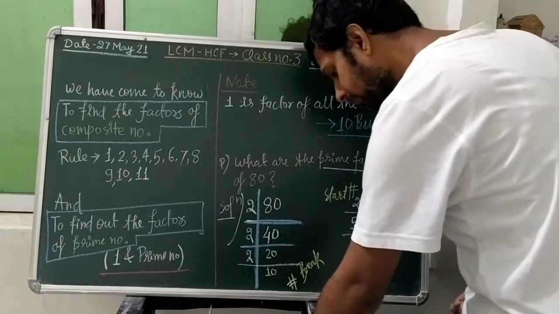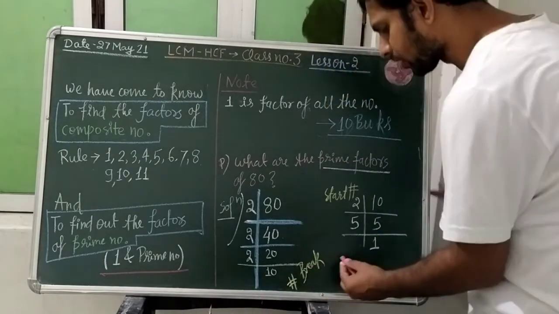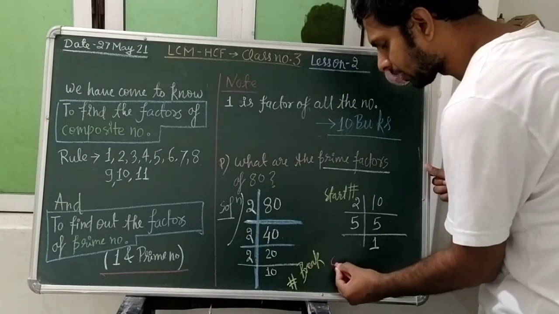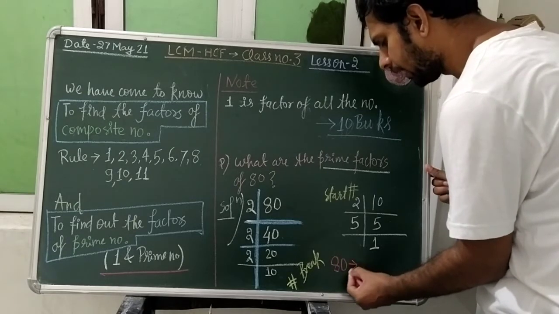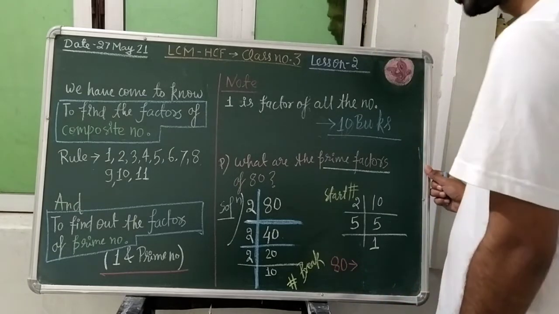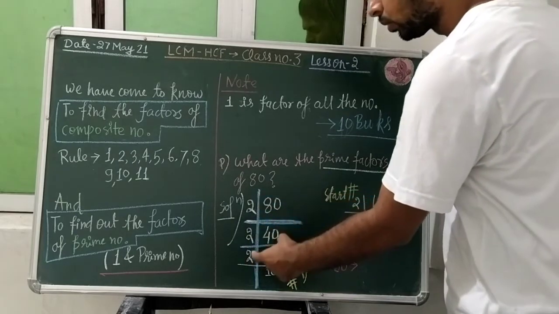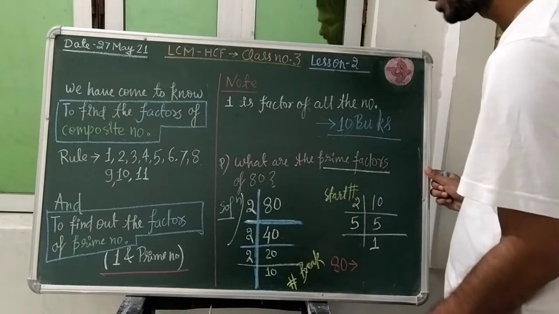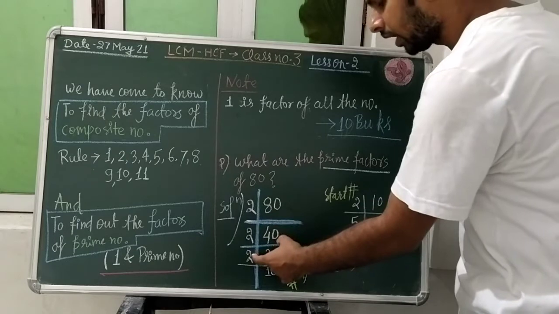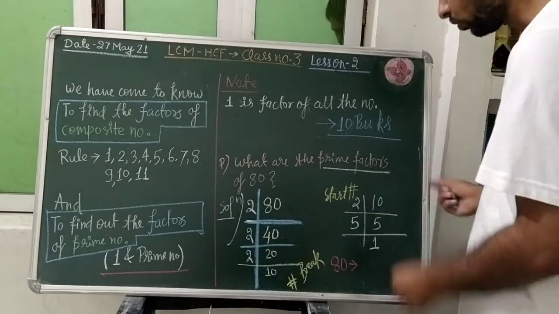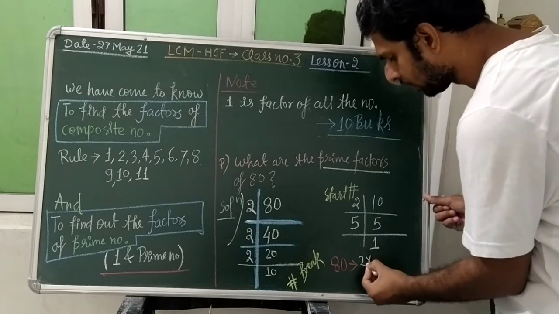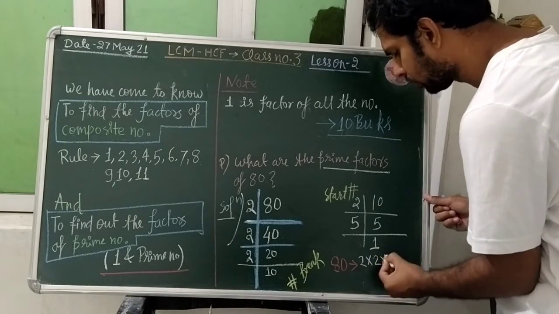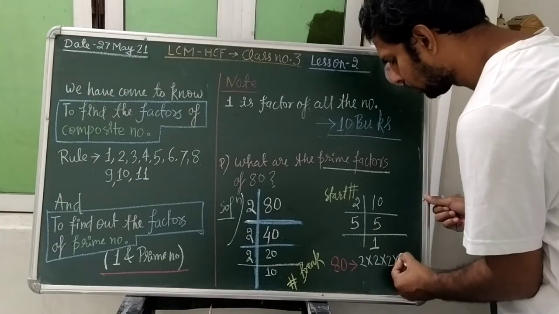Okay students, so the prime factors of 80 will become, what is it? This 2, 2, 2, 2. How many times is it here? 1, 2, 3, 4 times. So we shall write that: 2 into 2 into 2 into 2.